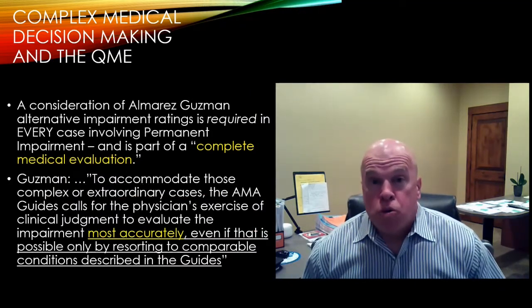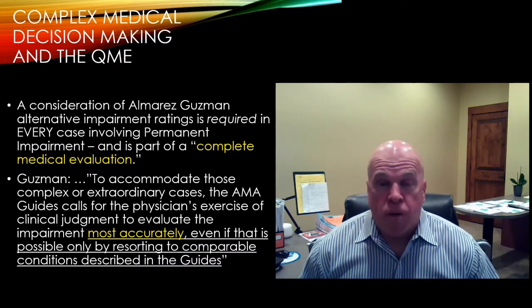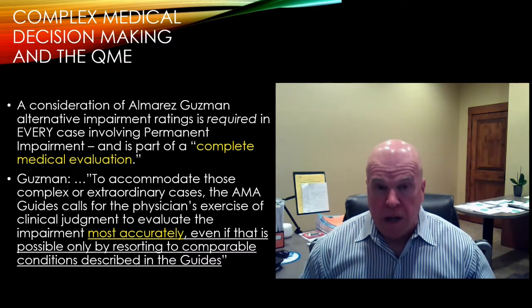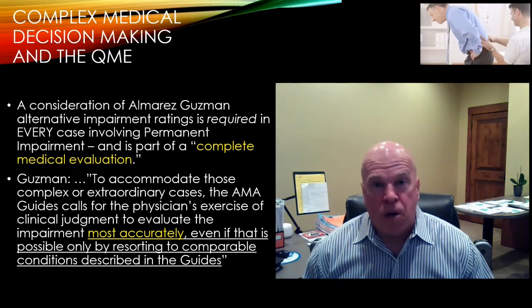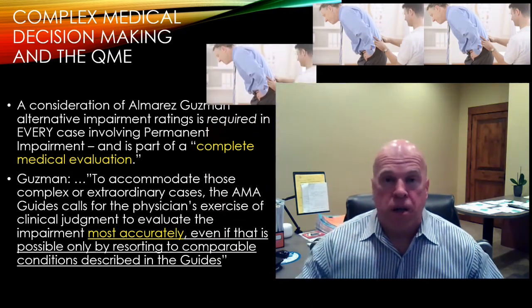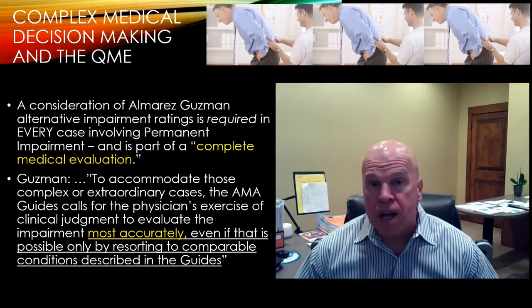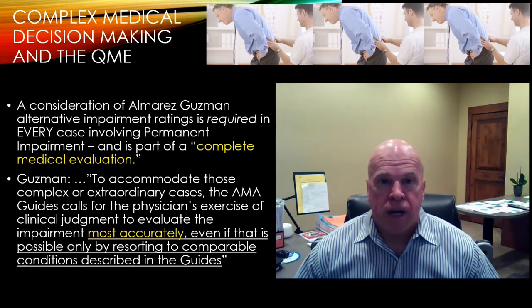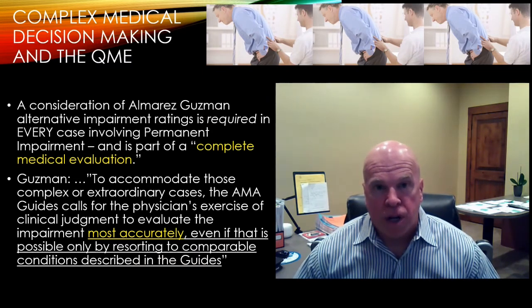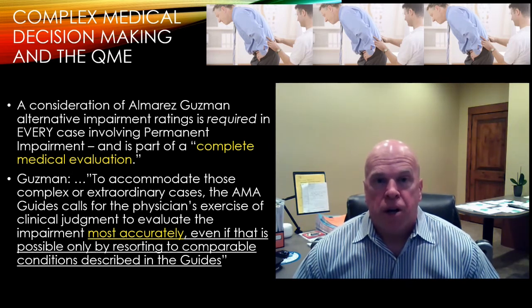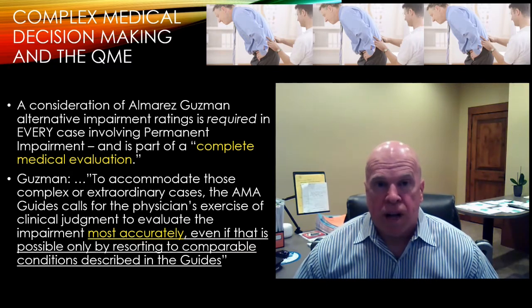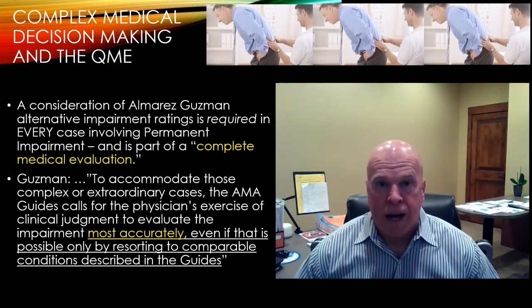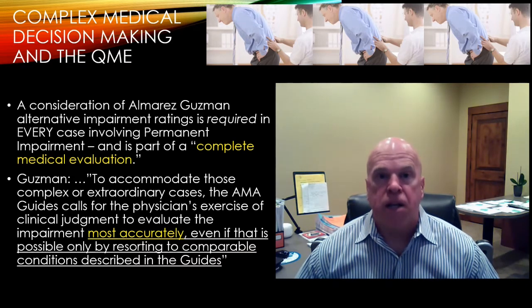Now, when it comes to providing for permanent impairment ratings that are accurate, permanent impairment ratings are going to be described under two basic categories. Number one is under the strict application of the AMA guides, and then number two is under an alternative impairment rating under Alvarez and Guzman. And many qualified medical evaluators are daunted by the whole concept of Alvarez and Guzman and alternative impairment ratings.